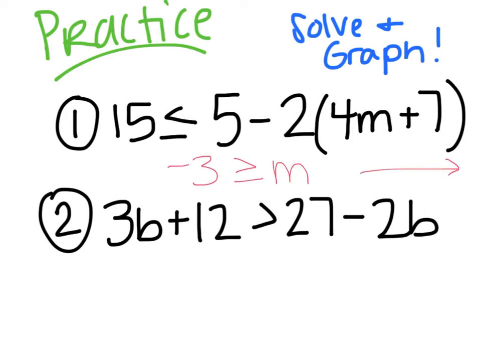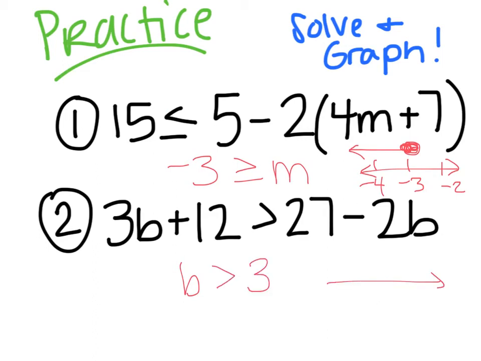So when we draw our graph, negative 3, negative 4, negative 2, it is a closed circle and m is smaller, so it's going to the left. Number 2, we have b is greater than 3. And when we draw our picture, it is going to be an open circle at 3 and going to the right towards bigger numbers.